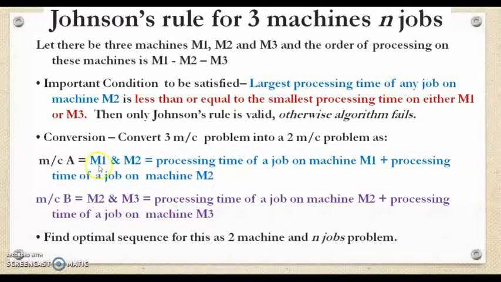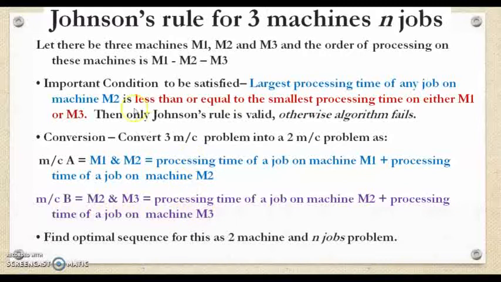So we add the processing times for each job on machine M1 and M2 to get the processing times on machine A. Similarly, to get the processing time of each job on machine B, we add the processing time of each job on M2 and M3.